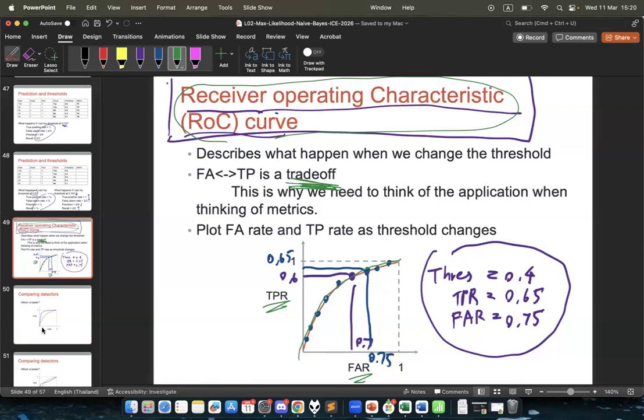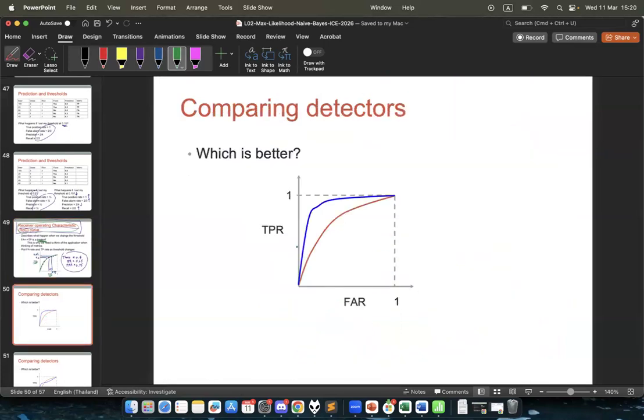If you have two models, it means you have two curves. So this blue line is model 1, and this red line is model 2. A model is a curve. The model is no longer just one single number, it's a curve.